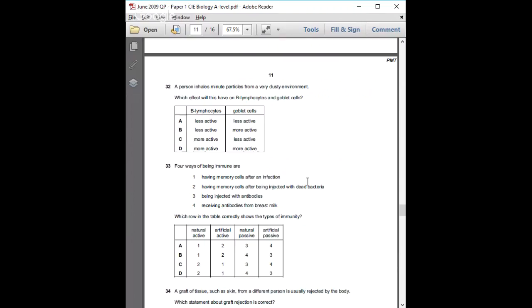Good. In the case of the helper T cells, they'd also be binding to an antigen, right? Yeah. The activation of a B lymphocyte requires binding to an antigen. And the environment we're talking about here is just a person inhaling minute particles. They haven't told you that there are pathogens. They haven't told you anything about the particles other than the fact that they're small.